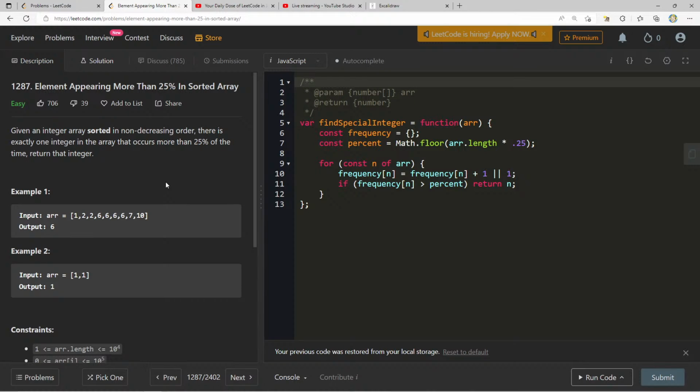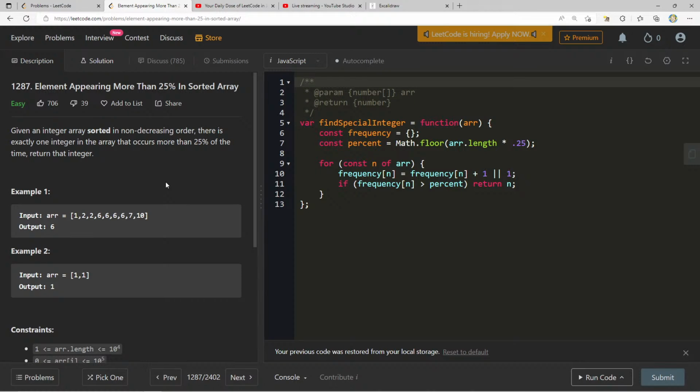They're all increasing. One integer in the array that occurs more than 25% of the time. If I had a set, that's just going to give me back unique numbers. I'll just get 1, 2, 6, 7, 10. That's not going to do anything. An object literal we can use to keep track.